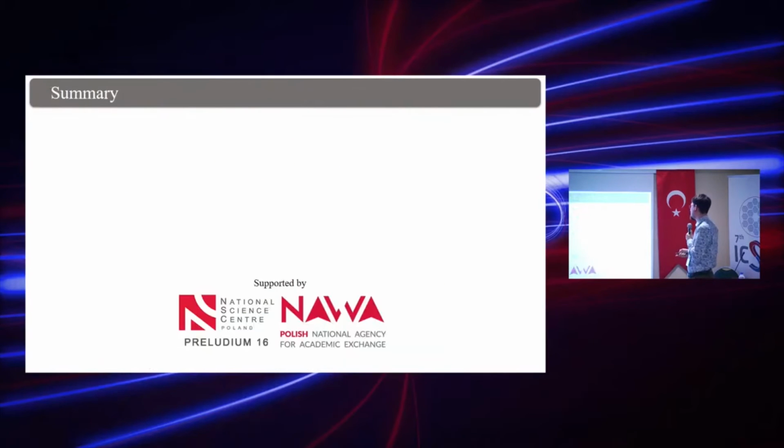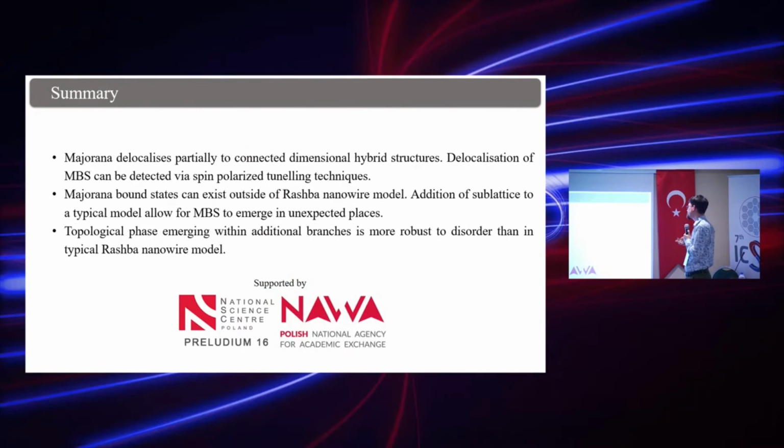And with this, I go to summary. So the Majorana delocalizes partially to connected dimensional hybrid structures like the 2D plaquette that I showed here. And this delocalization can be detected, for example, via spin polarized tunneling techniques.